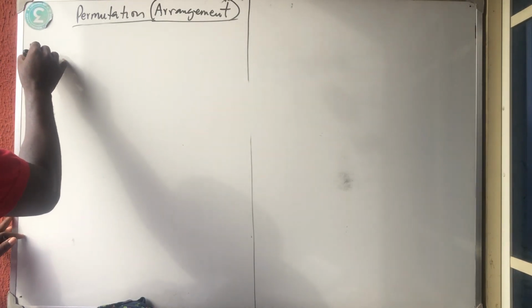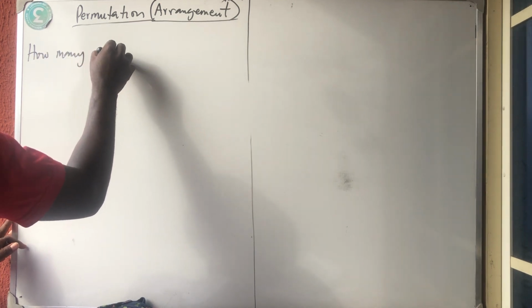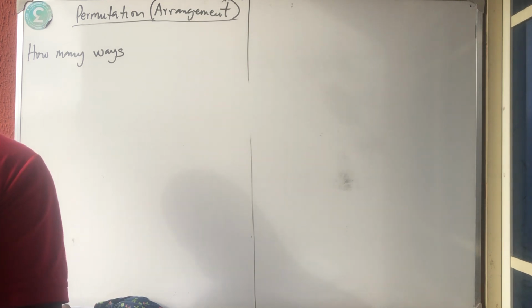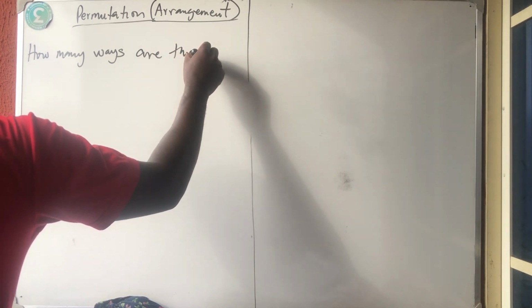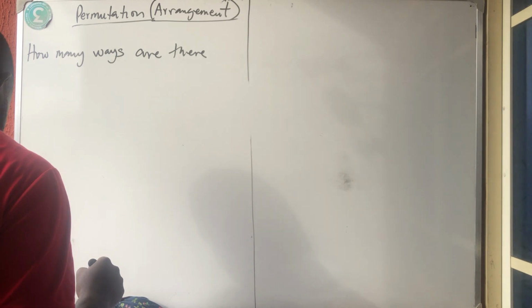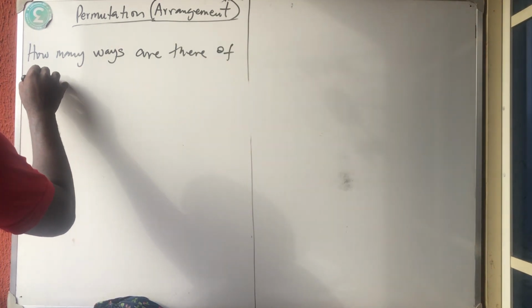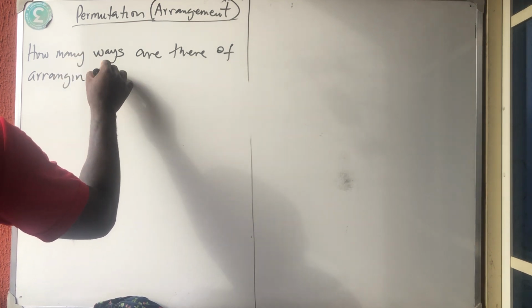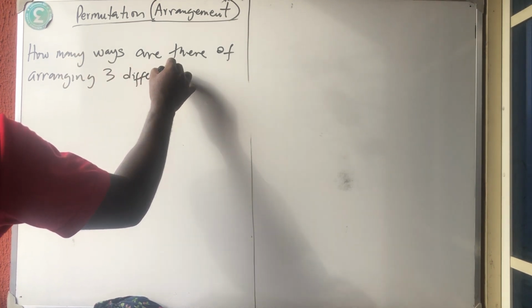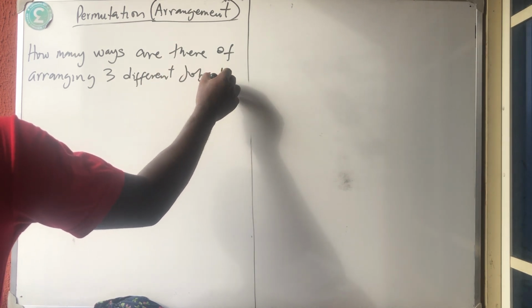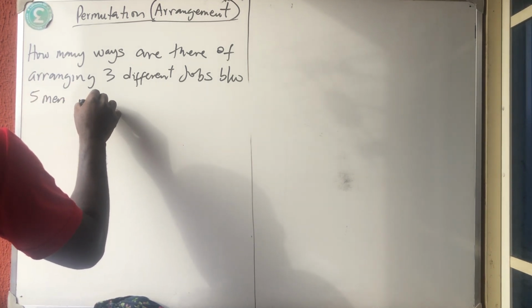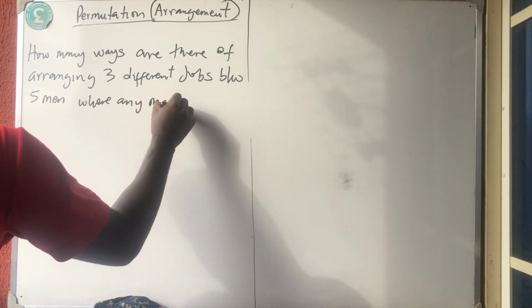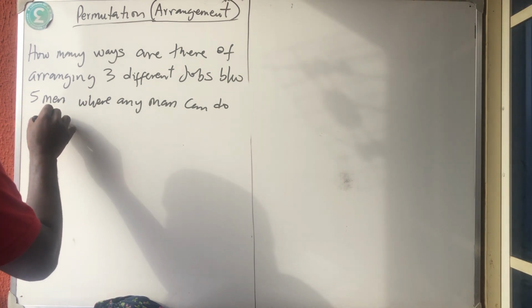So the first question said, how many ways are there of arranging 3 different jobs between 5 men, where any man can do only one job.